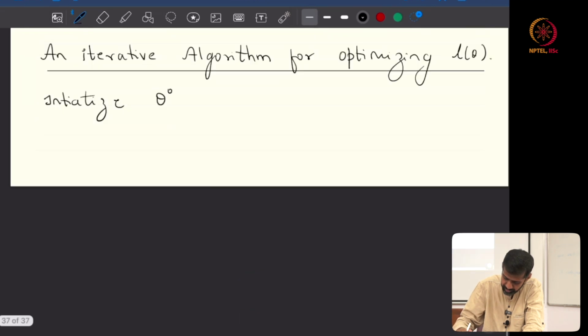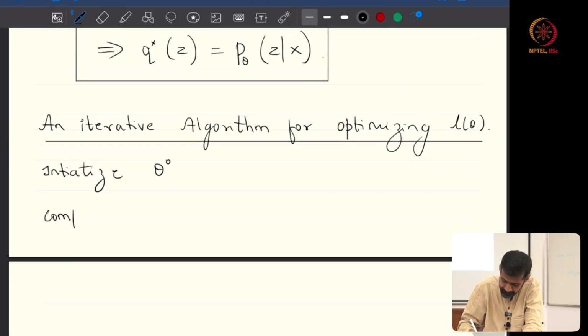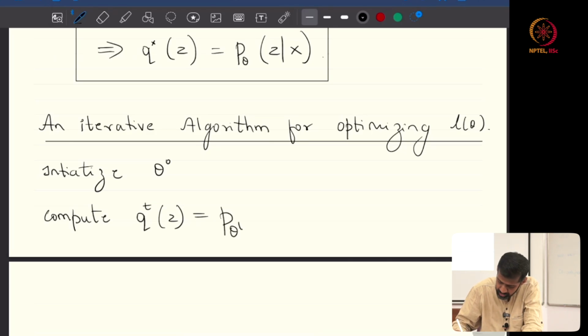Compute q t of z to be p theta t of z given x.